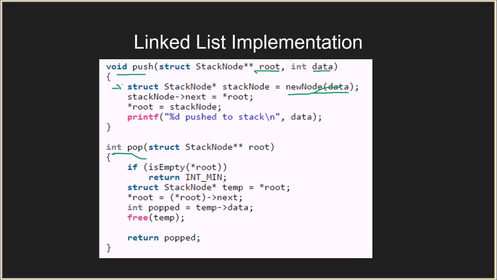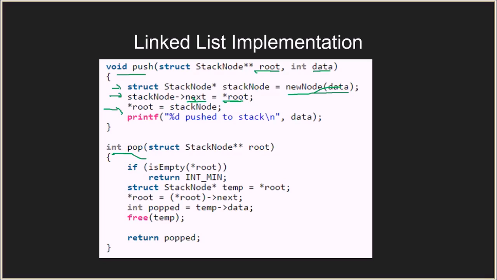Then we update the value of the next pointer of the stack node to the root. So we are placing it as the first element of the linked list. So we give the value of the root to the next pointer.